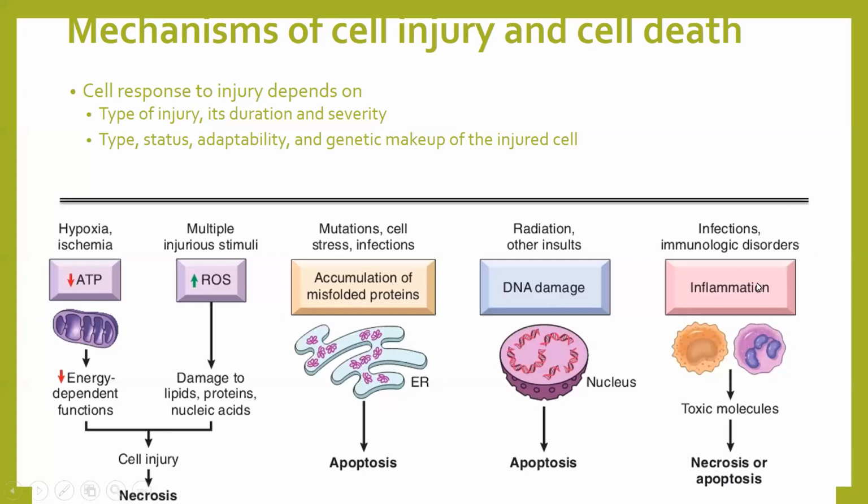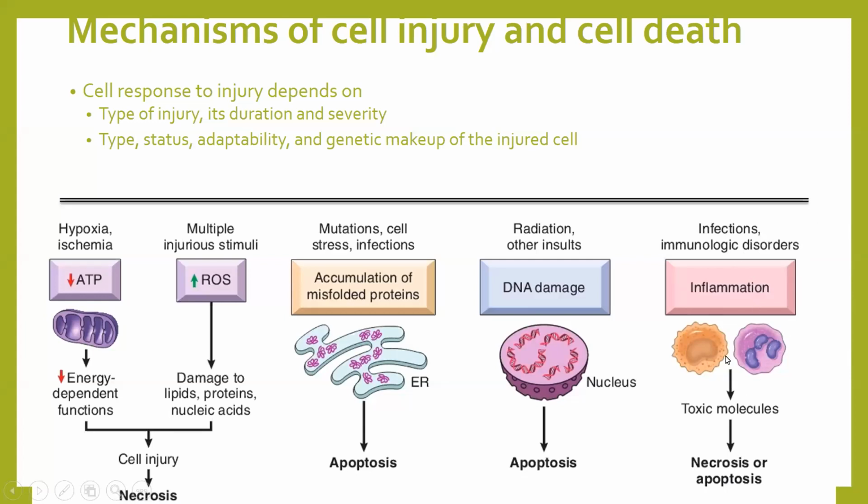Most of our patients come because of infections or immunological disorders where there's derangement of the immune system. Many diseases have been shown to be because of that, and they end up with necrosis or apoptosis, depending on the disease process.